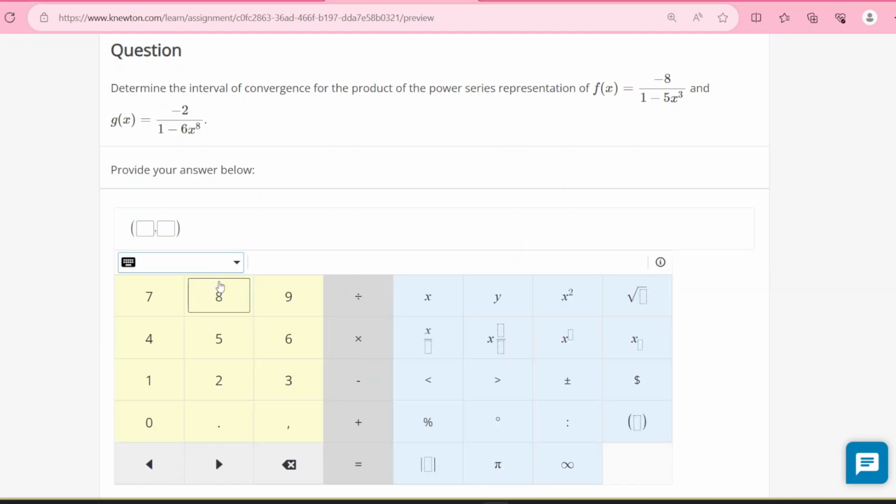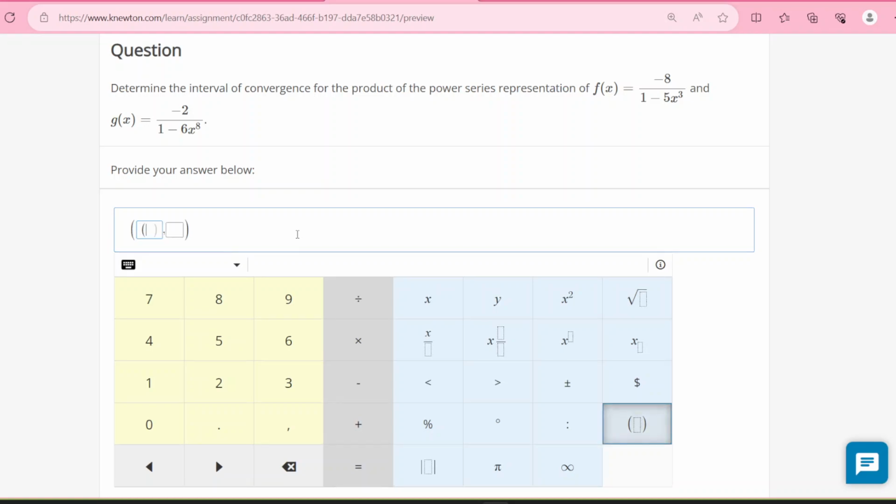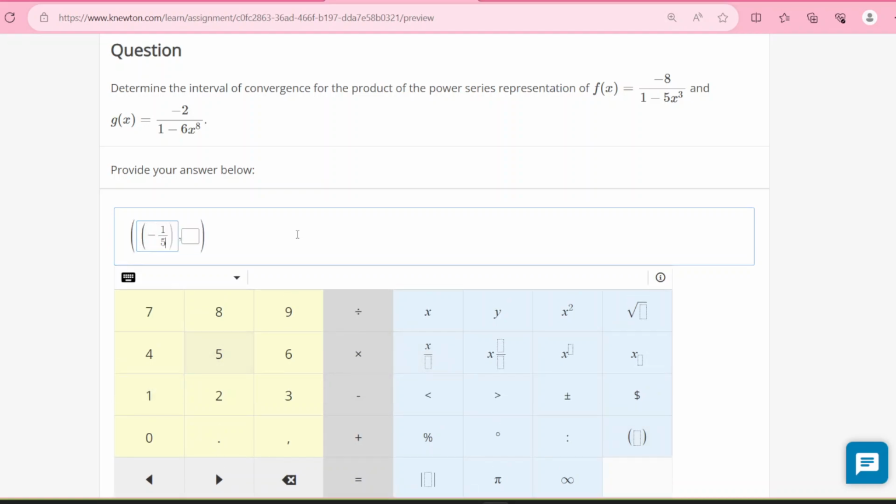So I'm just going to do like I did in the calculator for Desmos, raised to fraction powers. So negative 1/5, right, to the 1/3 power, the cube root of negative 1/5 on the low end, and positive 1/5 to the 1/3 power, the cube root of 1/5, on the high end.